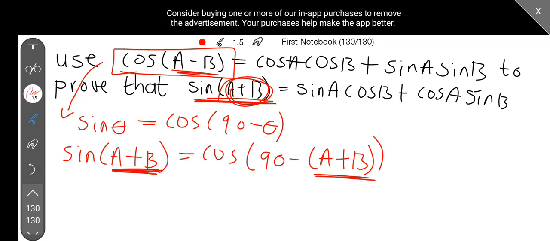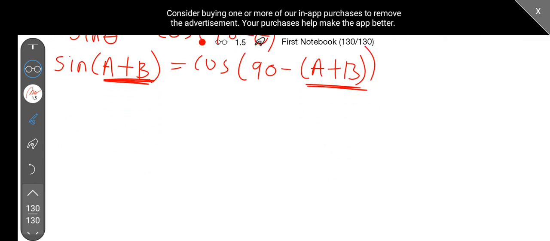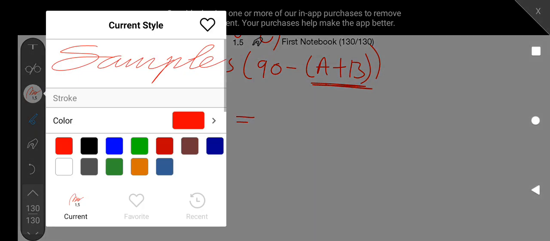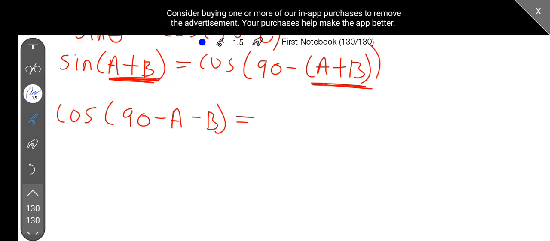I hope it makes sense. So we say sin(A + B) is equal to cos(90 − (A + B)). Here we have cos 90, then we distribute the negative sign to the brackets: minus A and minus B. Now we separate the terms: 90 − A will go together and the B will go alone.